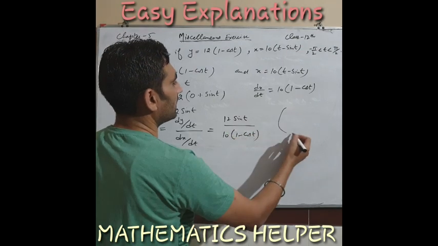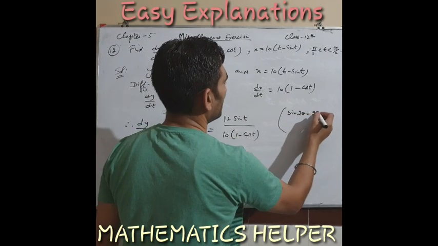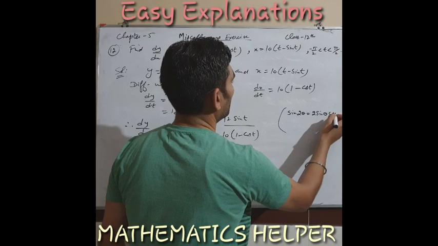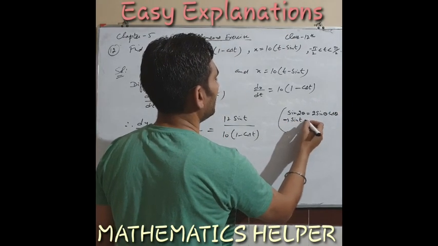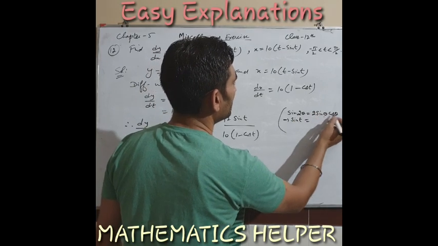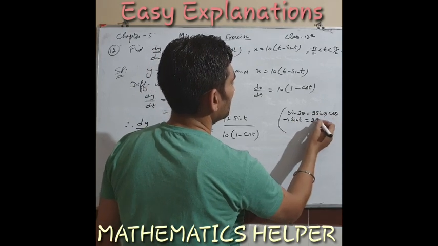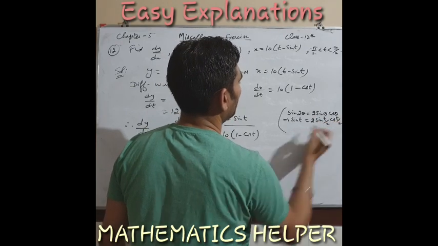Now there were formulas of double angle: sin 2θ = 2 sin θ cos θ. If I replace θ by t, then sin t means its half is here; 2θ's half is θ, so t's half is t/2. So sin t = 2 sin(t/2) cos(t/2).